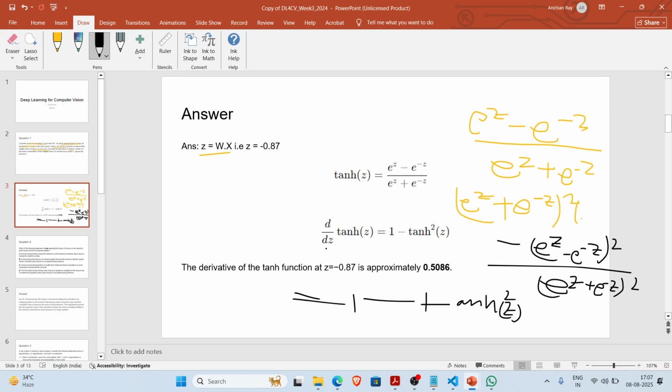This is our answer, as you can see. And now z is given here, and you have to find this value.